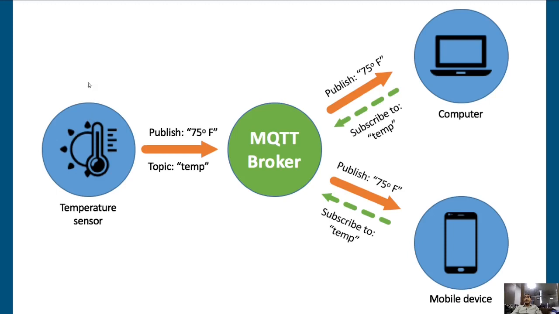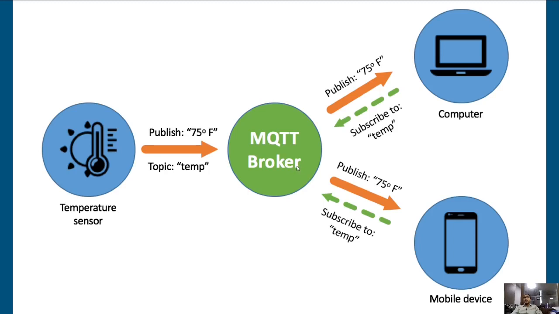For example, in this case, there can be temperature data from different rooms. Let's say we have a bedroom, a dining room, a kitchen. The temperature data collected from those different rooms will be published to this MQTT broker. Now let's say this mobile device has subscribed to a topic, that is the temperature of, let's say, the kitchen.